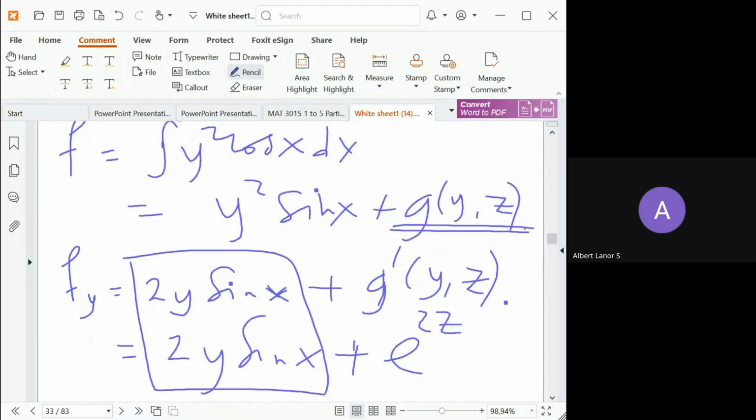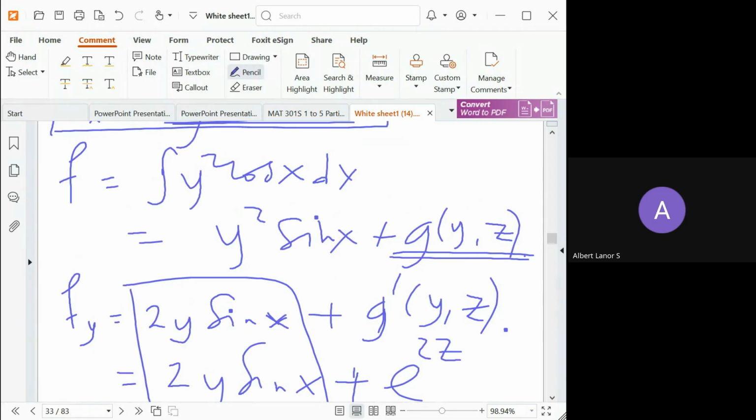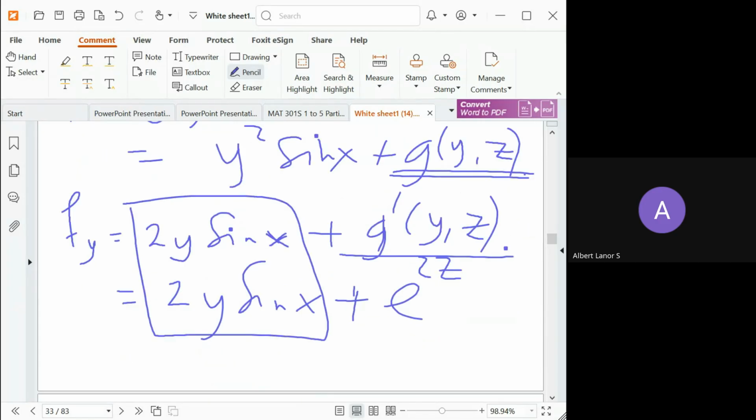So now let me differentiate that function with respect to y. If you differentiate with respect to y, you have 2y sine x plus g prime, because there's a y in this one. And if I differentiate with respect to y, it must be g prime. But in the problem itself, I was given 2y sine x plus e to z as my f_y, according to the question itself.